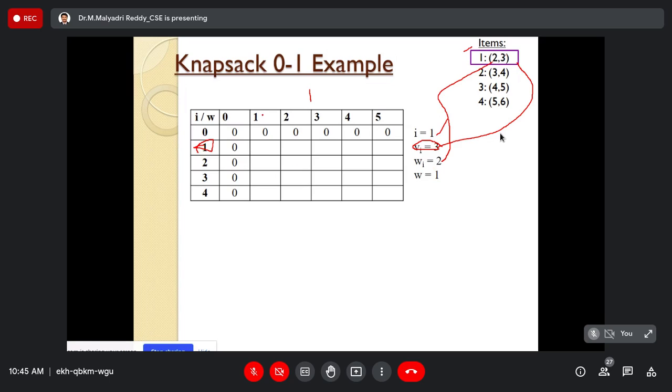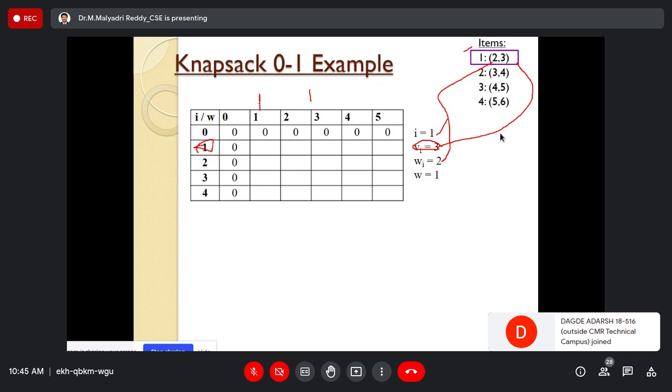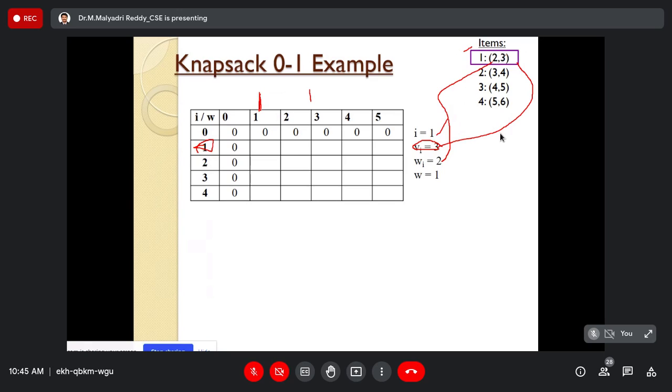Next, W is equal to the weight at this position. Yes, sir. So for this position the available weight is 1, item weight is 2. Up to 1, up to 2, up to 3, up to 4.